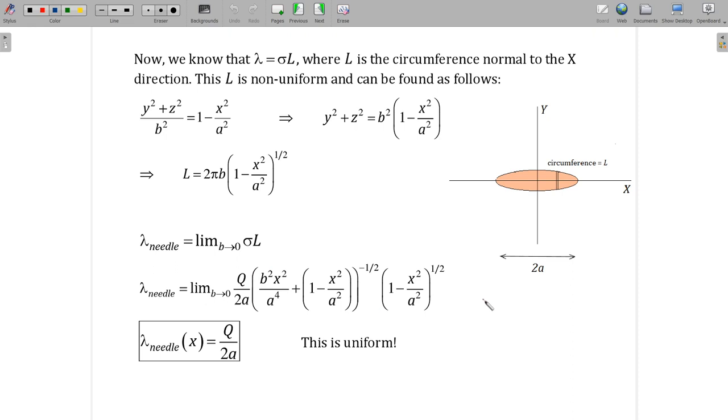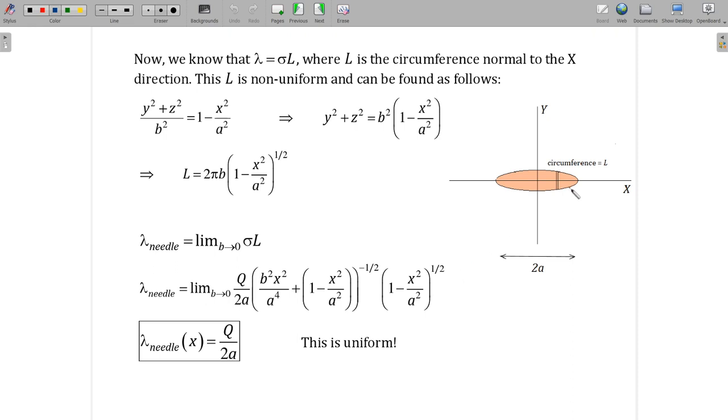This will be my answer if I have an ellipsoid for which the quantities b and c are equal, and they are both represented by b, so this will be the charge per unit length at a particular point denoted by the x coordinate, right?